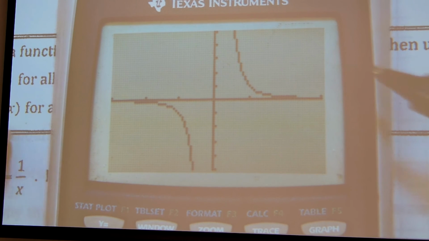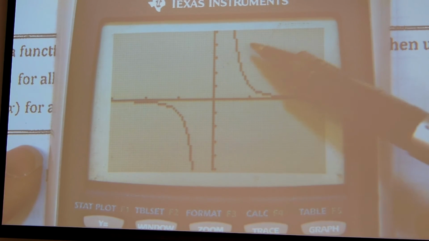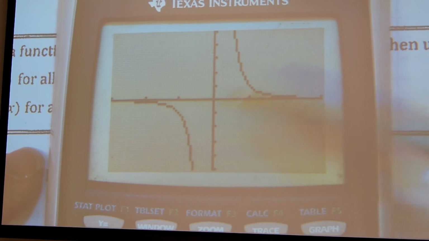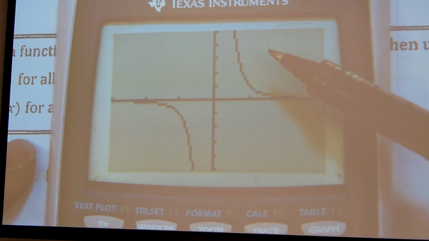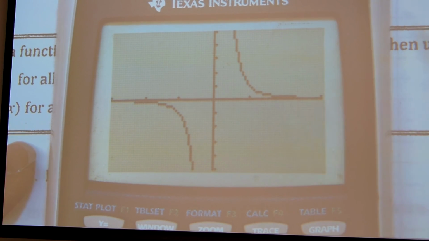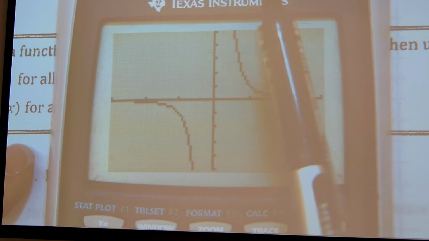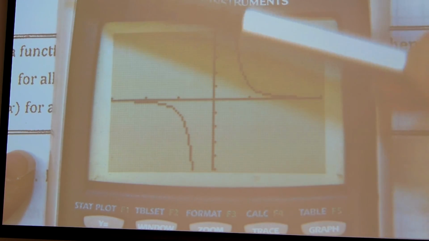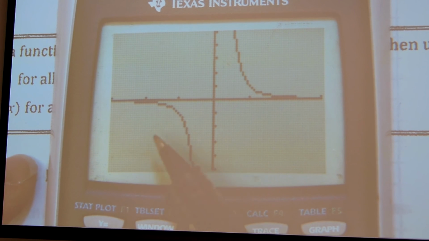You know, so if I had a point here, my scaling's a little funny, but if I had a point here, for instance, and I looked for its reflection through the origin, yeah, I'd have another one here. Or another way to see symmetry with respect to the origin is if you took a piece of this graph and you folded it over the y-axis and saw its image, and then you folded the image over the x-axis, it would land on the rest of the graph.